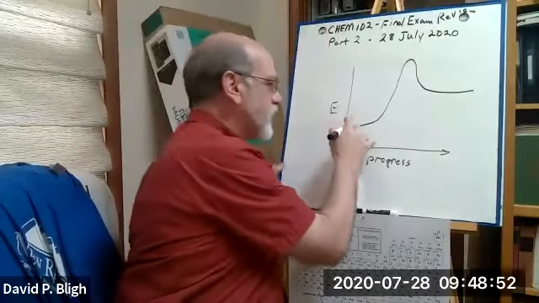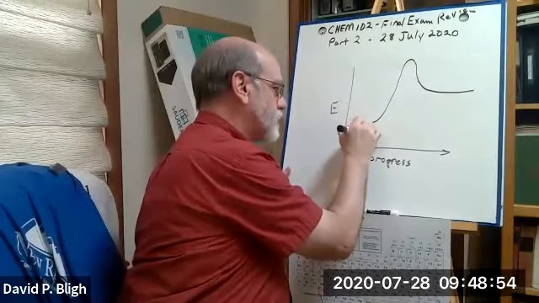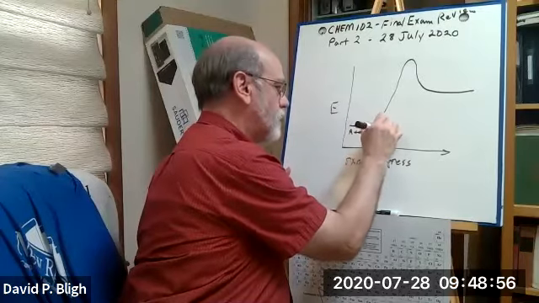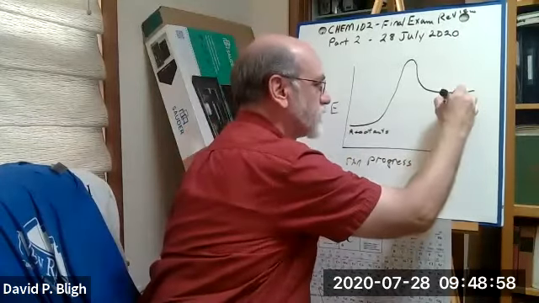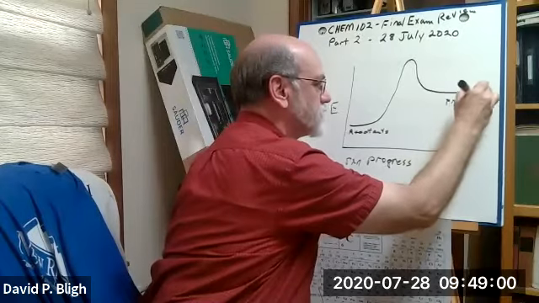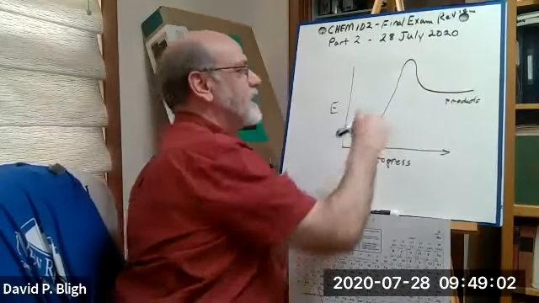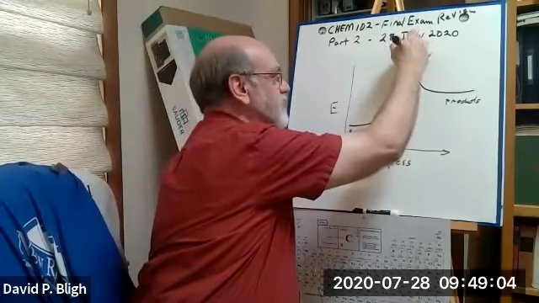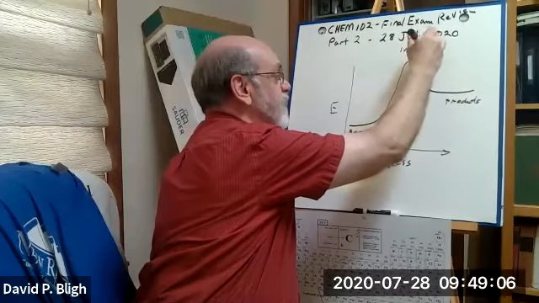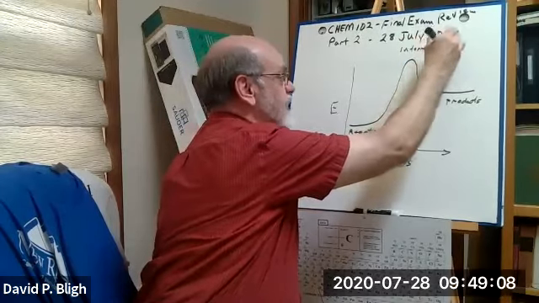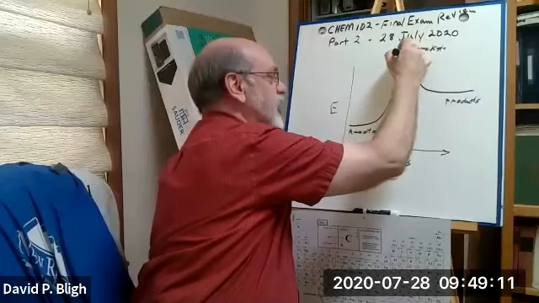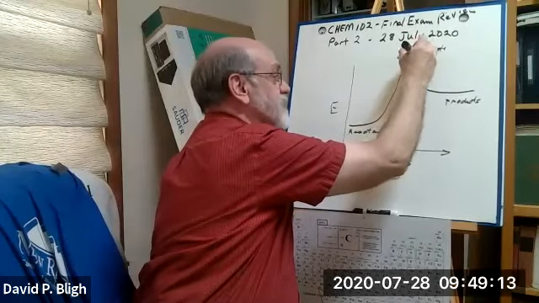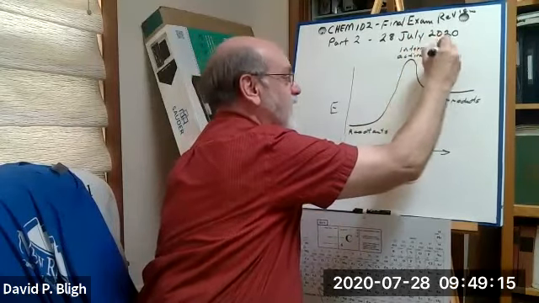Okay? Let's identify places on this diagram. What do we have over here? We have reactants. Over here we have products. Here we have an intermediate, sometimes called an activated complex.